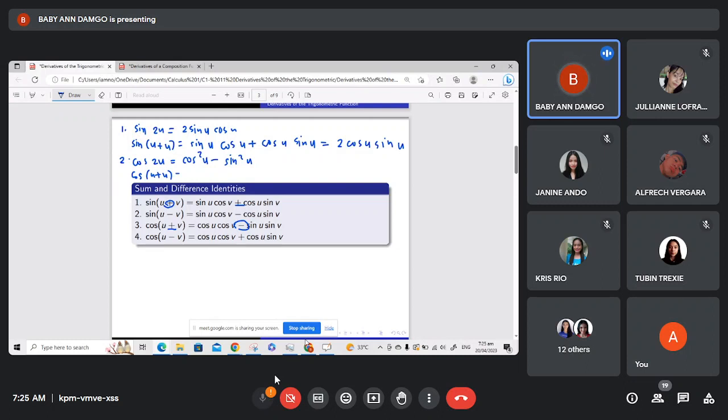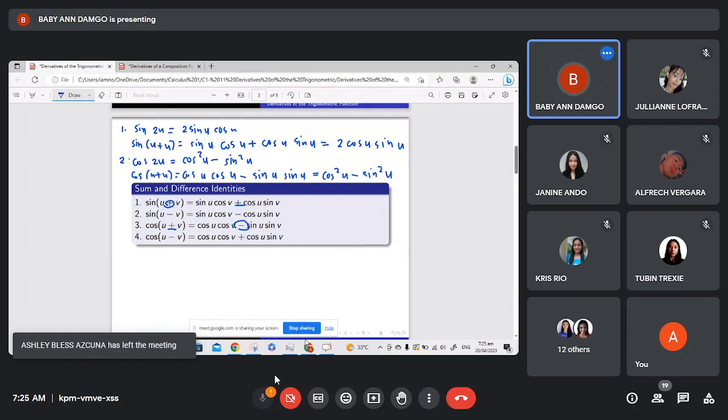So this is cos cos, so cosine cosine. Since this is positive, this becomes negative. And then sine sine, so sine u, sine u. So, simplify, this is cosine squared u minus sine squared u.